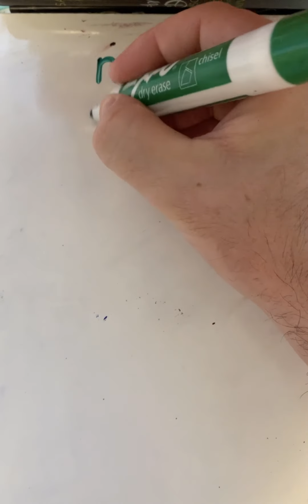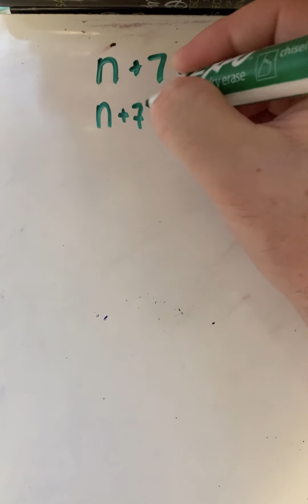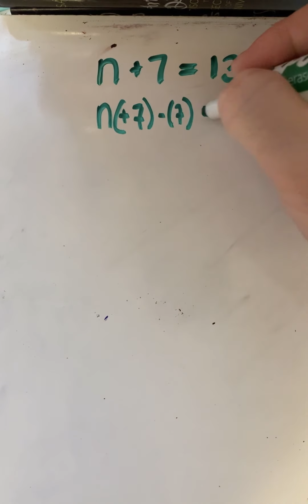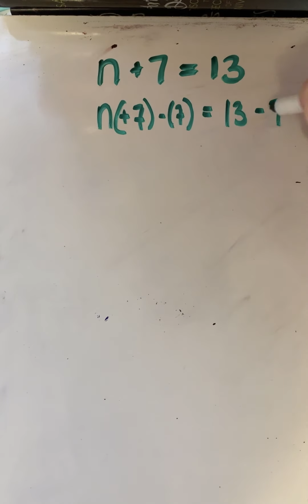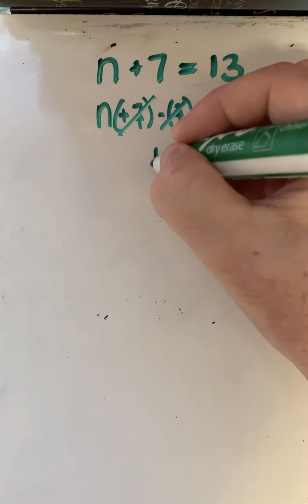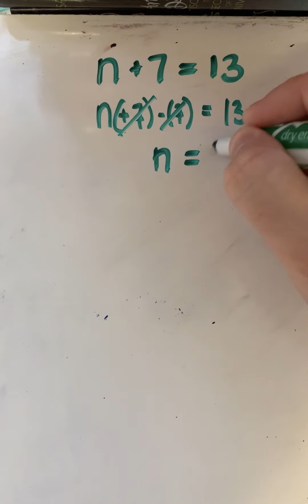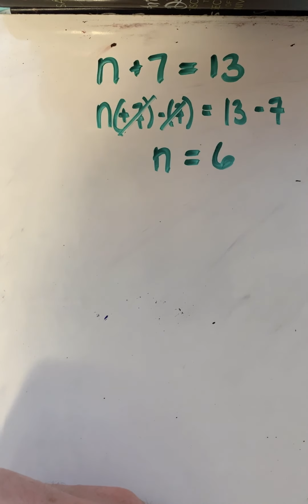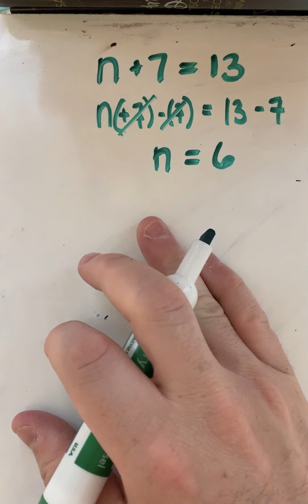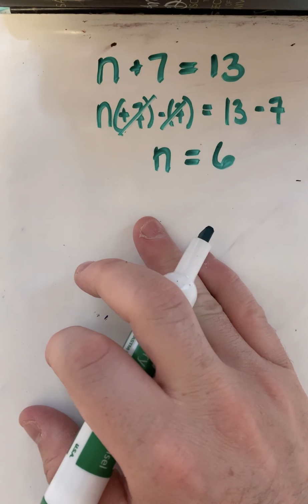This is more of a review for people. I'm going to do this extra step: n plus 7 minus 7 equals 13 minus 7. We cross these off and isolate the variable, and we get n equals 6. That's a perfect example of a one-step equation for addition.